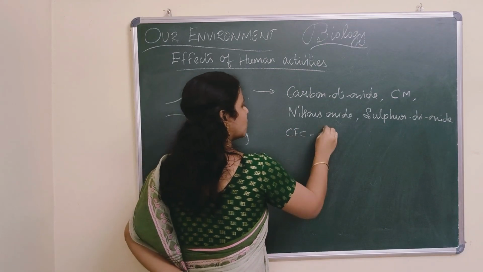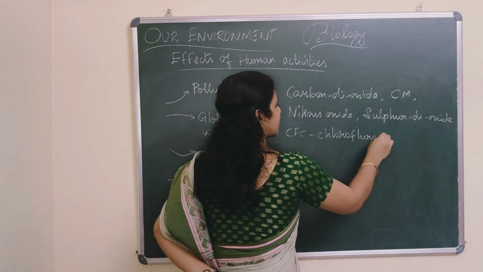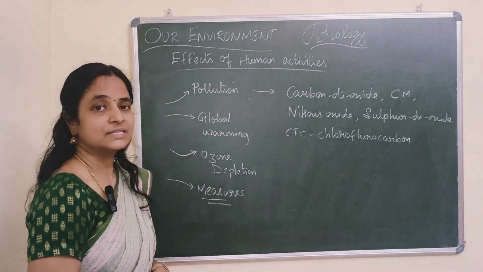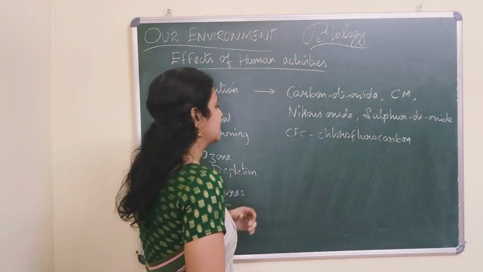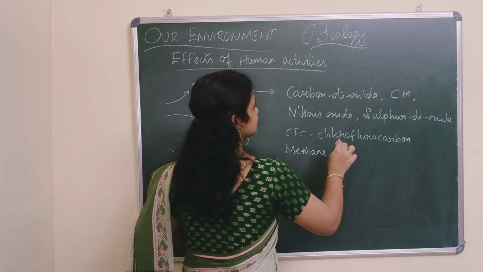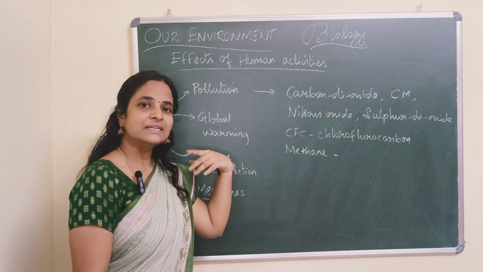CFC is chlorofluorocarbon. This gas is emitted from refrigerators as well as from air conditioners. And we have methane. Methane is from drainage. Nitrous oxide and sulfur dioxide are all from the industrial effluents.